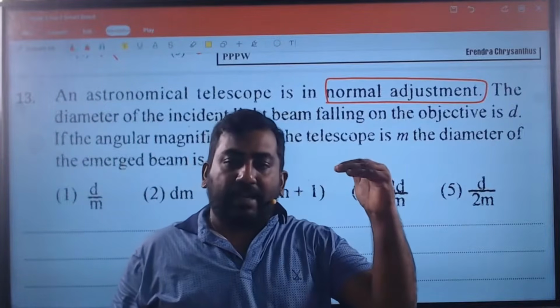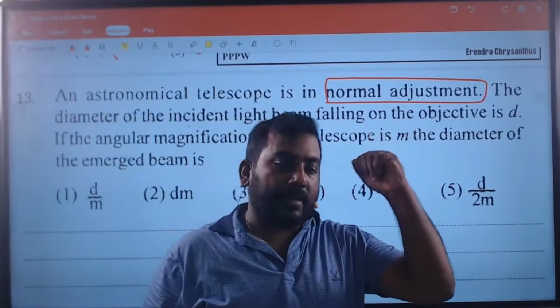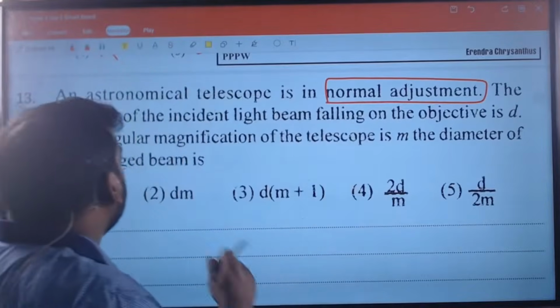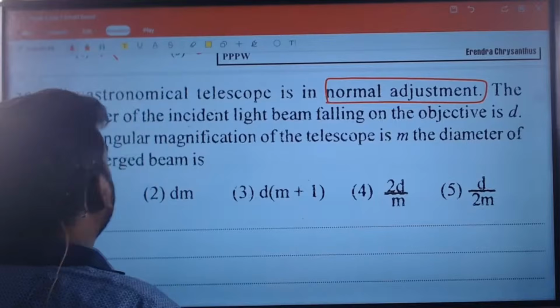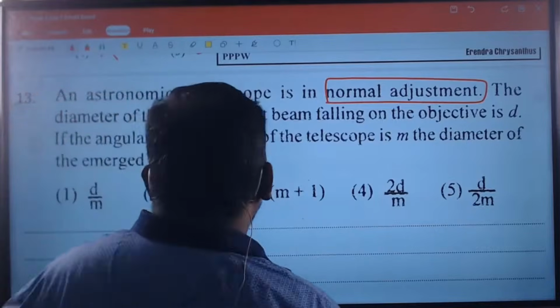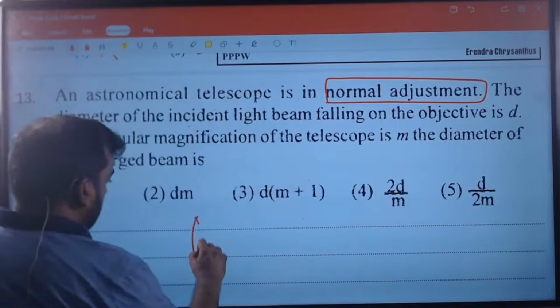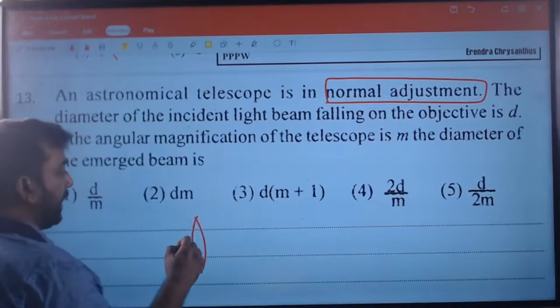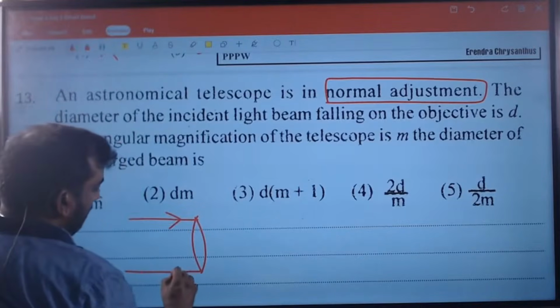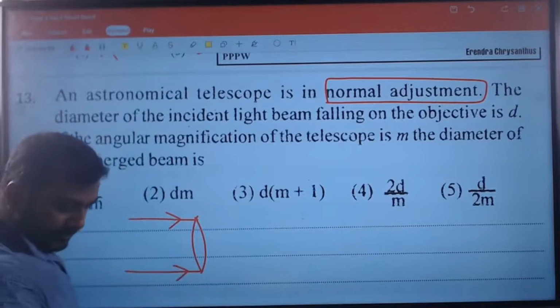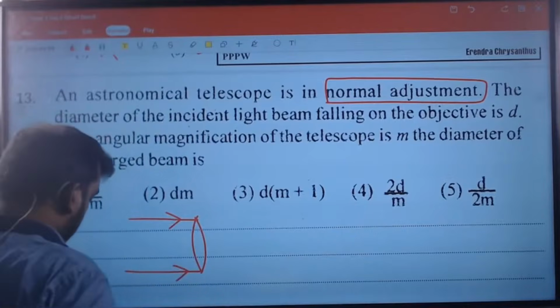Object at infinity, image is also formed at infinity. The diameter of the incident light beam falling on the objective is D. So here you go. Objective lens has bigger diameter. Light rays are coming from far away. Bigger the diameter, better.